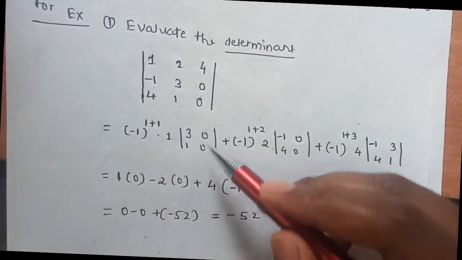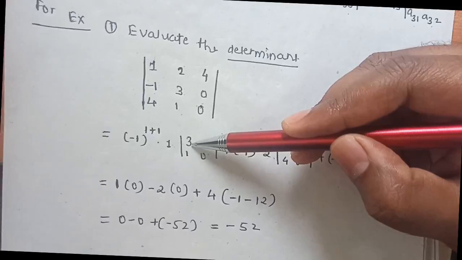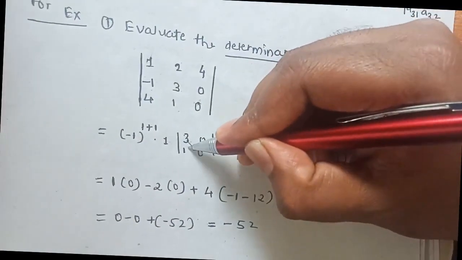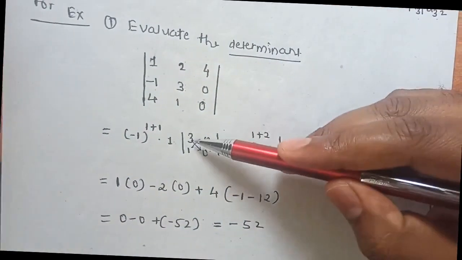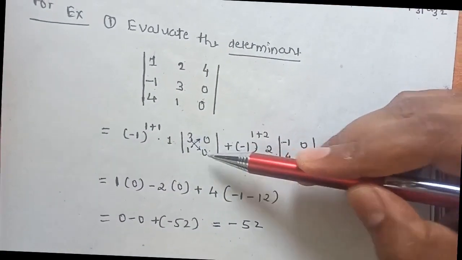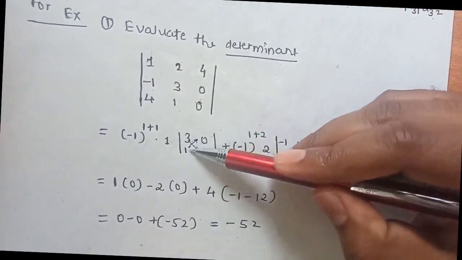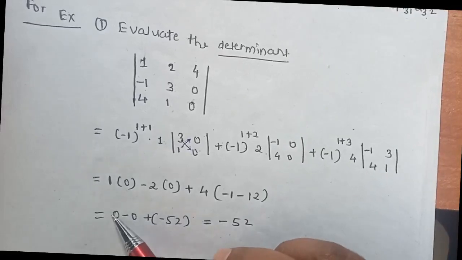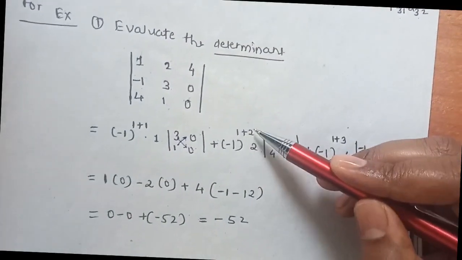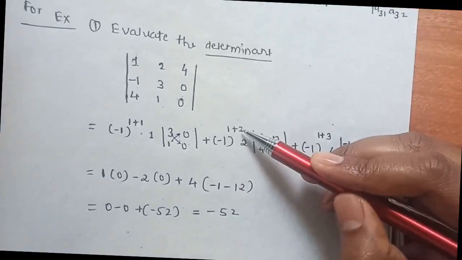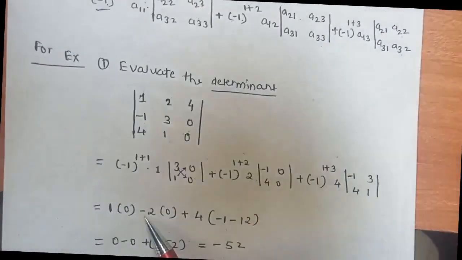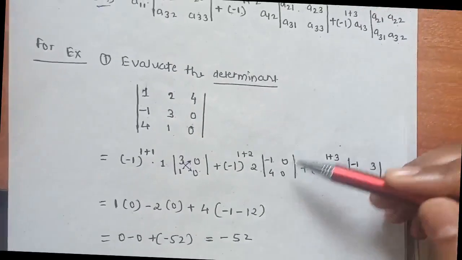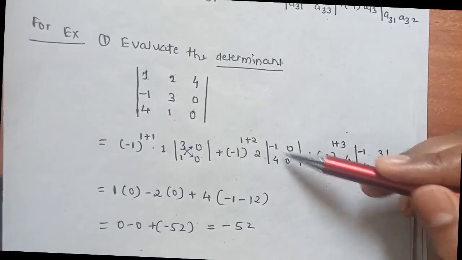Now how do we solve this determinant? You have to multiply this and this, and subtract: 3 into 0 is 0, minus 1 into 0 is 0, so 0 minus 0 is 0 here. So 1 into 0 is anyhow 0. Now here 1 plus 2, so minus 1 to the power of 3 is minus 1, so a minus sign will come here, this 2 stays as it is, minus 1 into 0 is 0, minus 4 into 0 is 0, so 0 minus 0 is again 0.